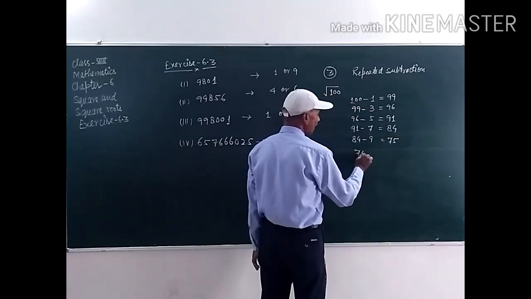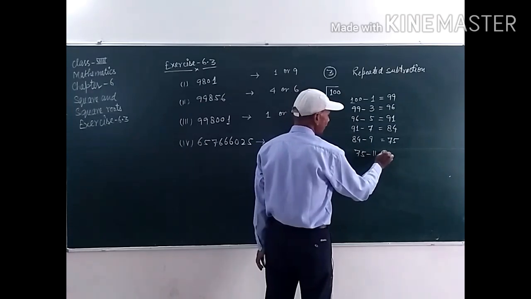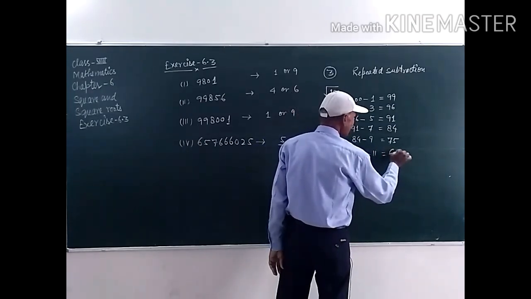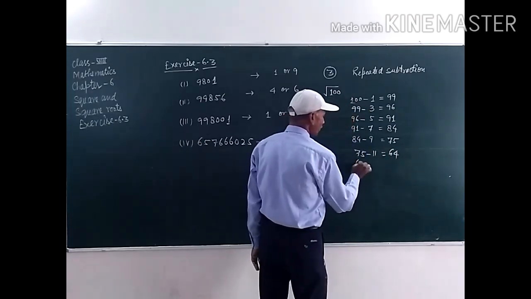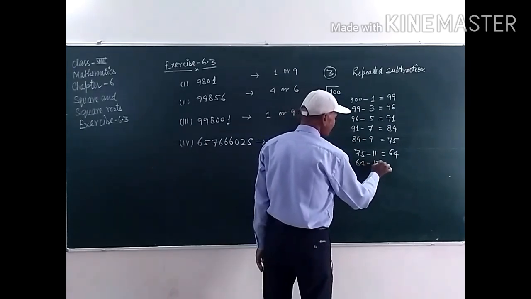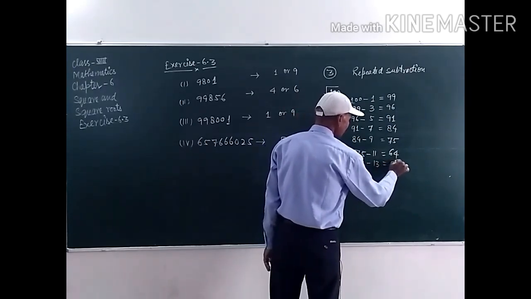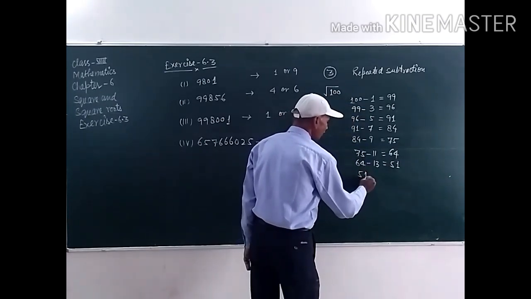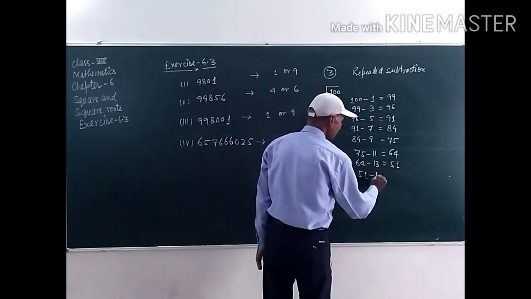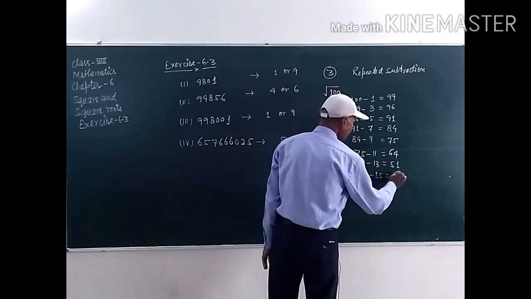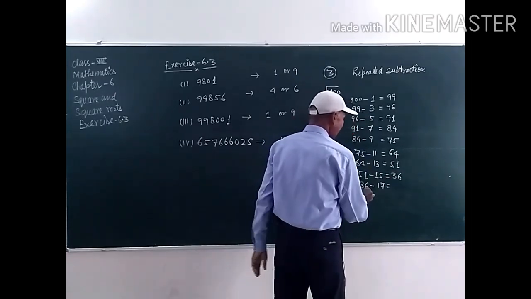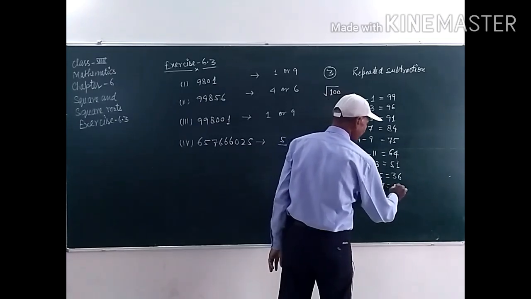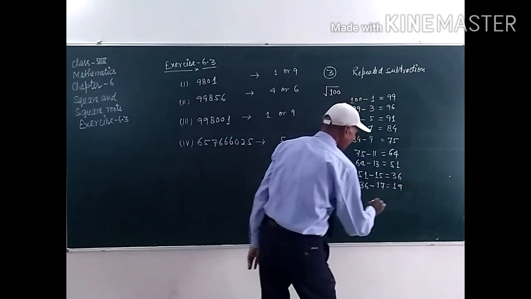After 75 minus 11, it will be 64. Now 64 minus 13, that is 51. Again 51 minus 15, it is 36. 36 minus 17, that is 19.